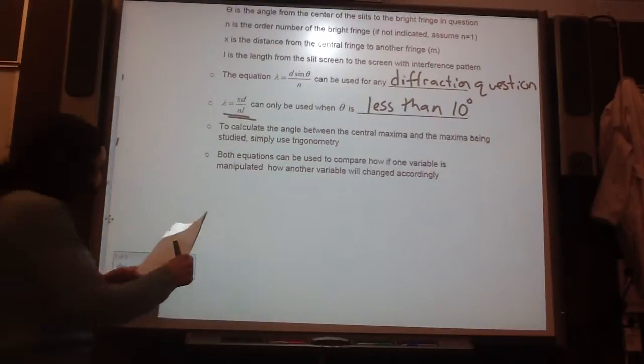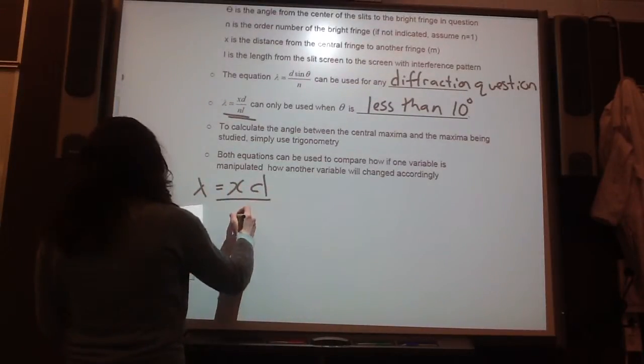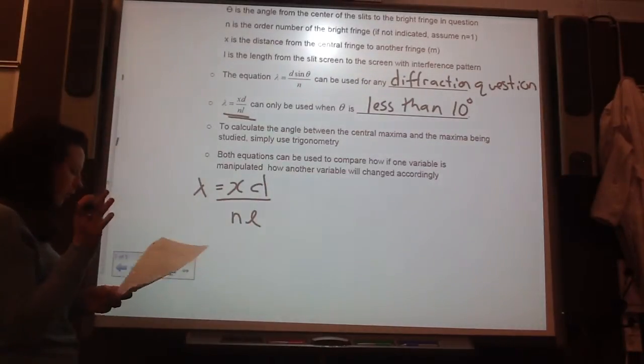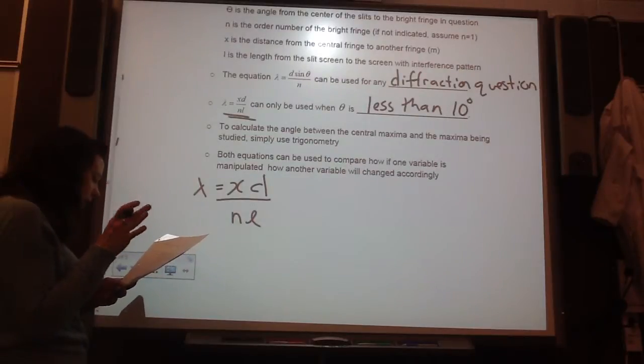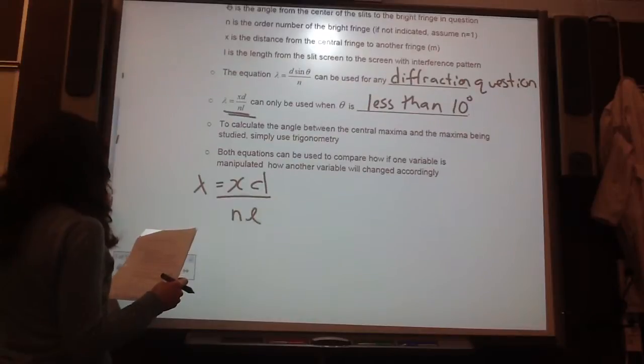So, for example, if lambda equals xd over nl, say we rearrange to compare lambda and x, well, actually we don't have to rearrange it at all.